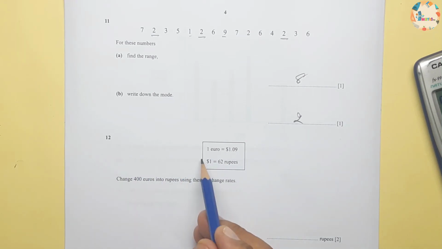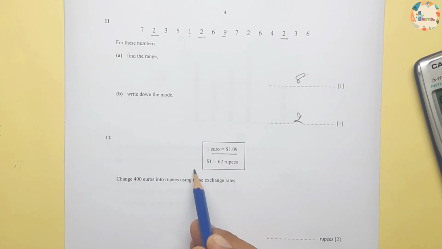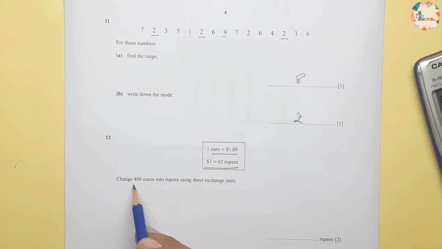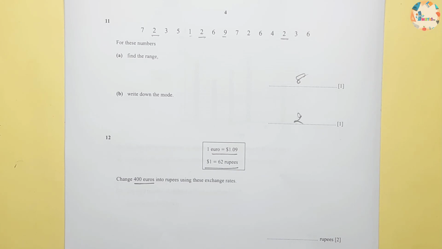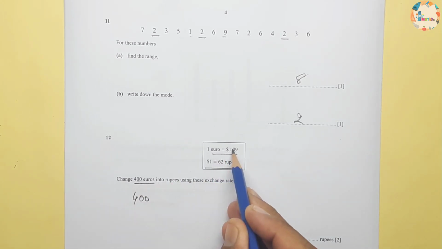Then question number 12, 1 euro is equal to this one, the conversion ratio is given, and $1 is equal to 62 rupees. Change 400 euros into rupees using these exchange rates. So we will change 400 euros first into dollars.